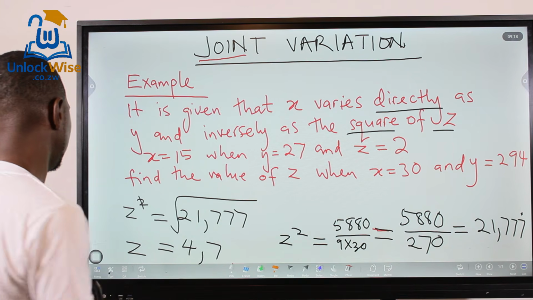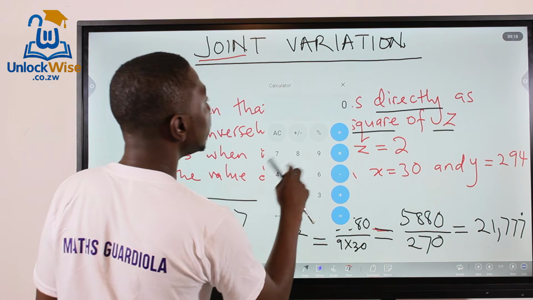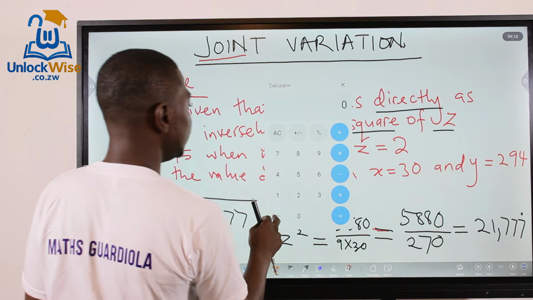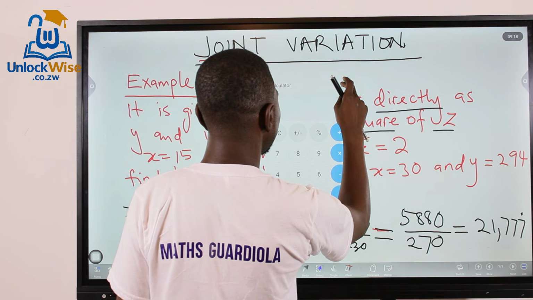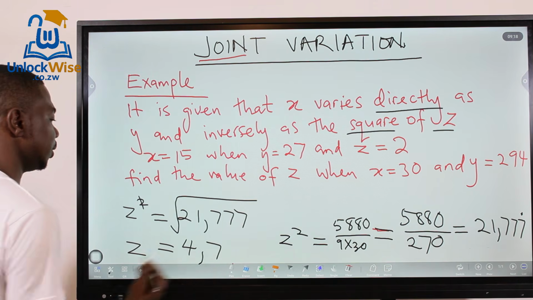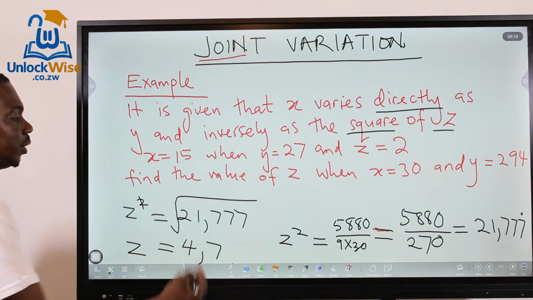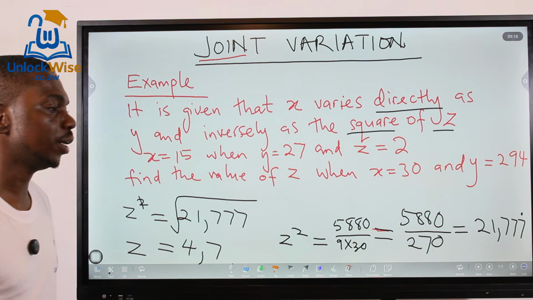So yeah, should be it. The square root of, all right, you can use your calculator and get the square root of 21.777, and it's somewhere here, 4.7, right?